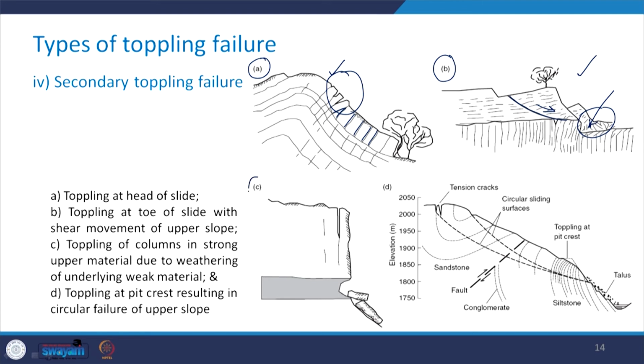Then the C part deals with the toppling of columns in strong upper material due to weathering of underlying weak material.